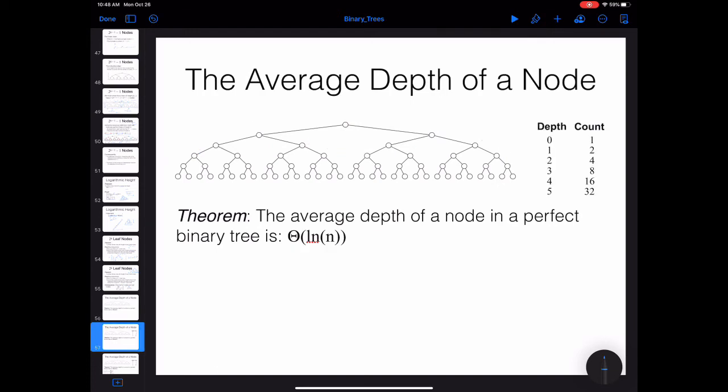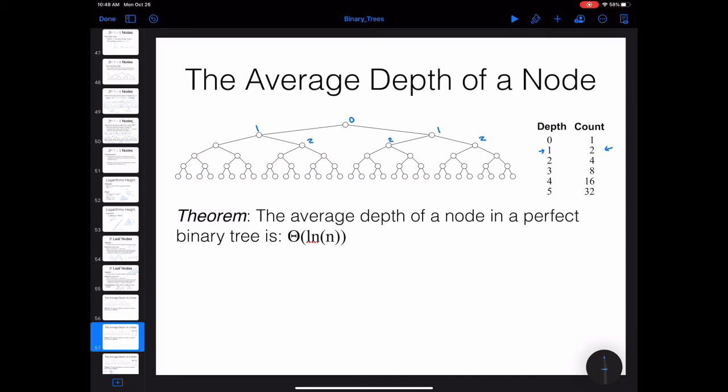The number of nodes at depth 0 is going to be 1. This is depth 0, just the root node is at depth 0. So how many nodes do I have at depth 0? 1. How many nodes do I have at depth 1? 2 nodes, all the children of the root. How many nodes at depth 2?